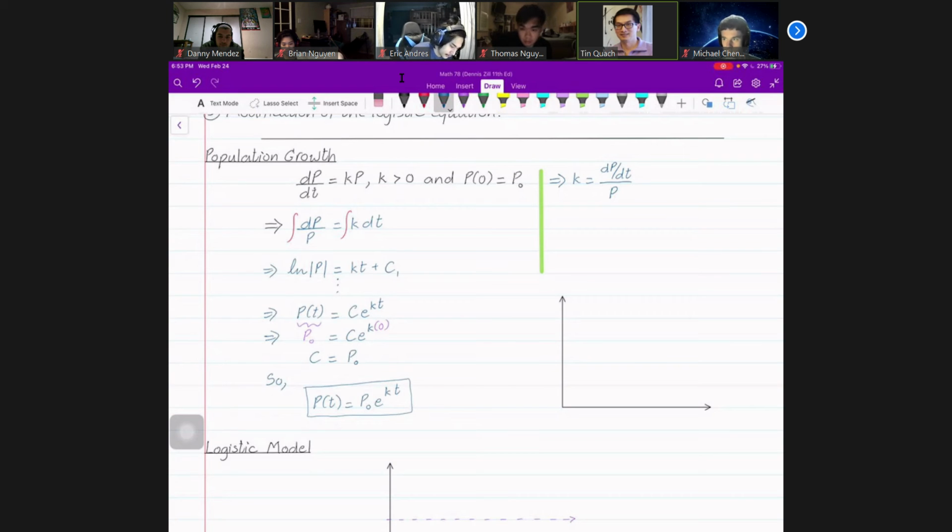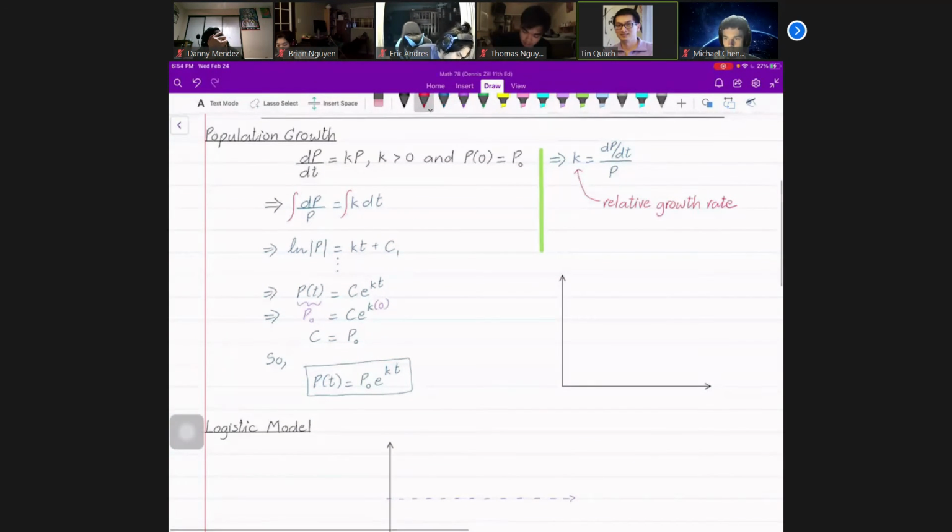So the k, in this case, we call a relative growth rate, and I will explain to you what that means. Now, what is dp dt?